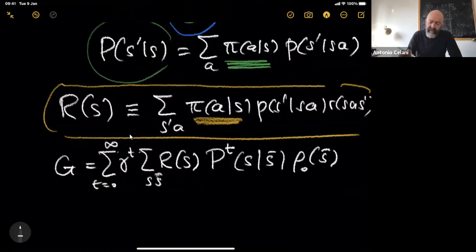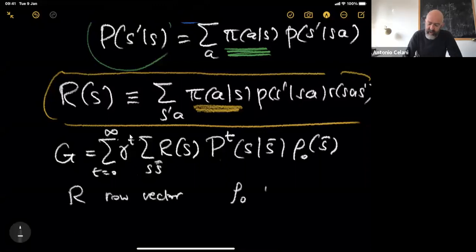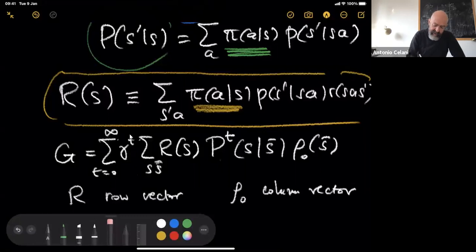But things here become even more friendly from the viewpoint of calculation, because again, this is a matrix. This can be seen as a vector, a row vector. So we can introduce R as a row vector, and we can make rho 0 a column vector. Sorry, I take this back.